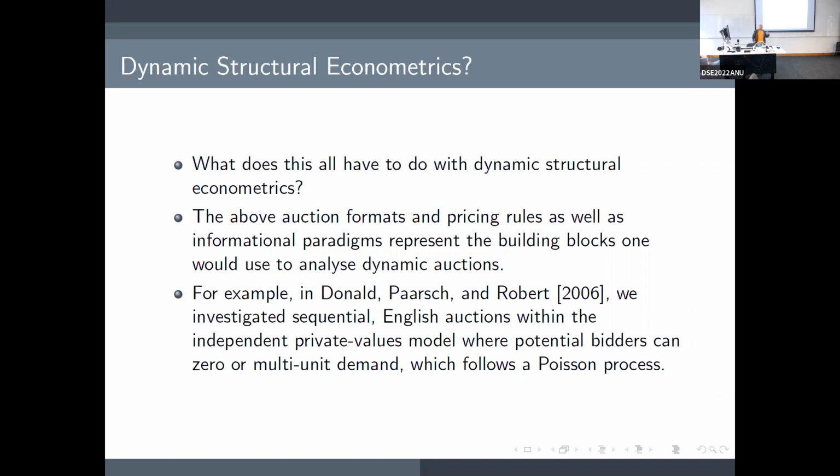The way that model works is you get a draw, M, the number of units you want. If it's 0, you don't show up at the auction. If it's positive, you got 1 or 2 or 3 or 4 or 5, and you can calculate what the strategy is. This is a particularly attractive environment to work in because for all bidders, it's a control limit policy, right?